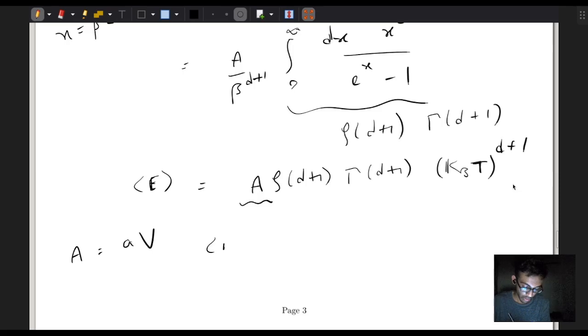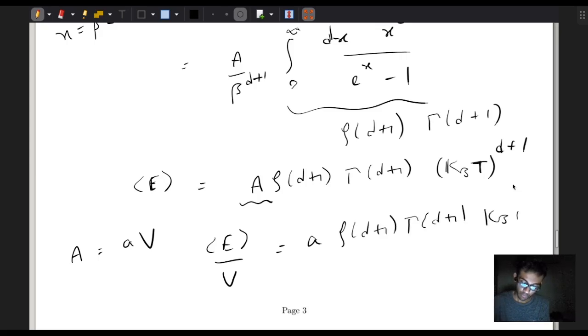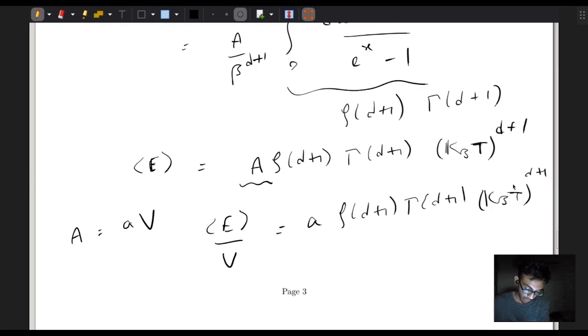So the energy is going to be, and the heat capacity, CV, is then proportional to T to the d.